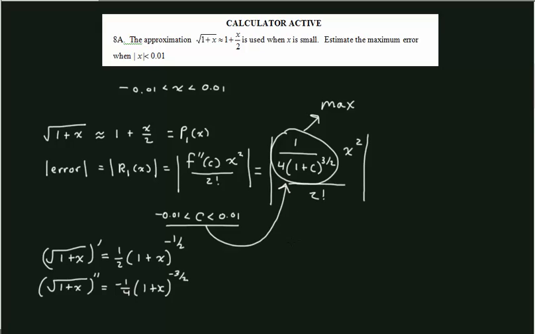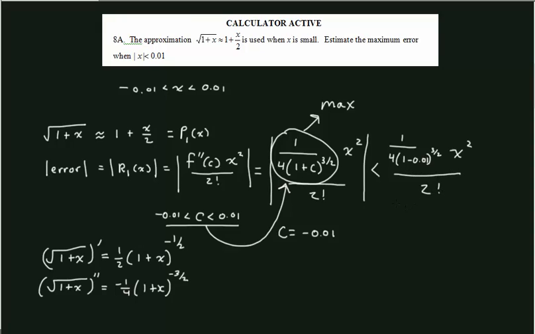Analyze it for a second. You probably realize that the value will be max when c is negative 0.01. That makes this then less than 1 over 4 times (1 minus 0.01) to the power of 3 halves, x squared over 2 factorial.